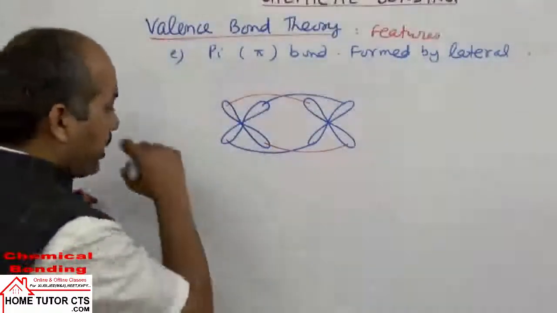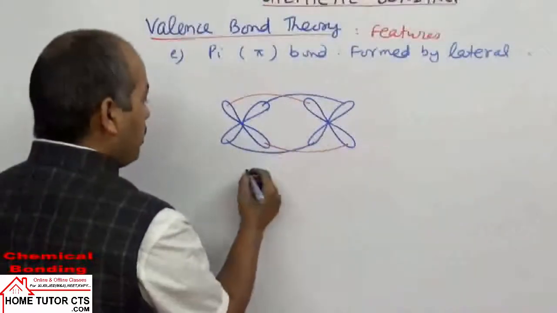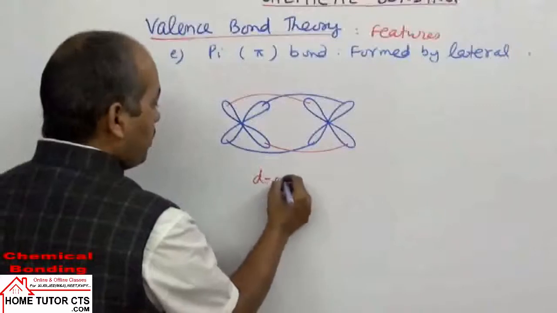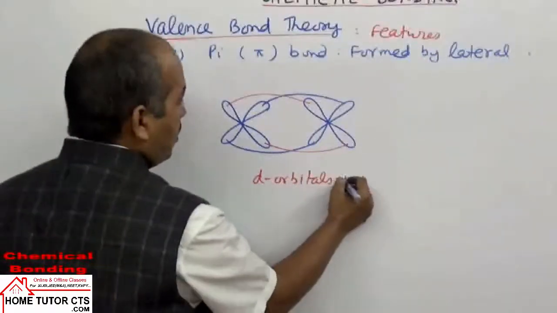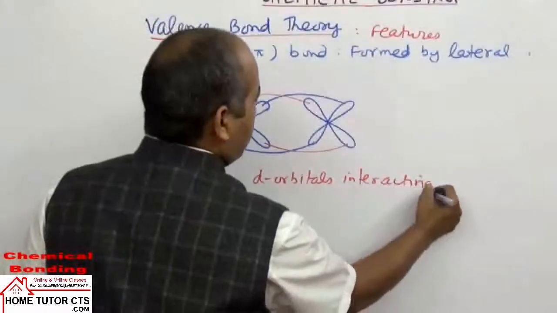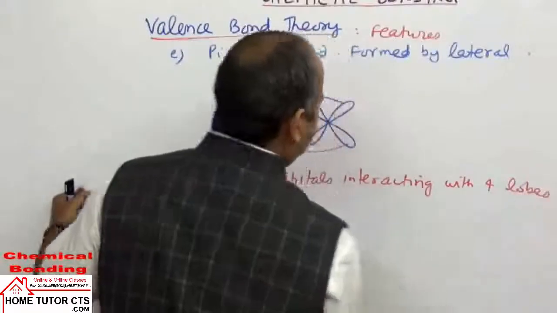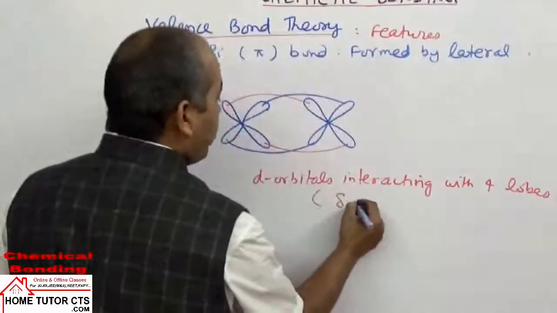When this is taken, a pi bond forms, with lateral overlapping. When d orbitals are interacting with 4 lobes, such a bond is called a delta bond.